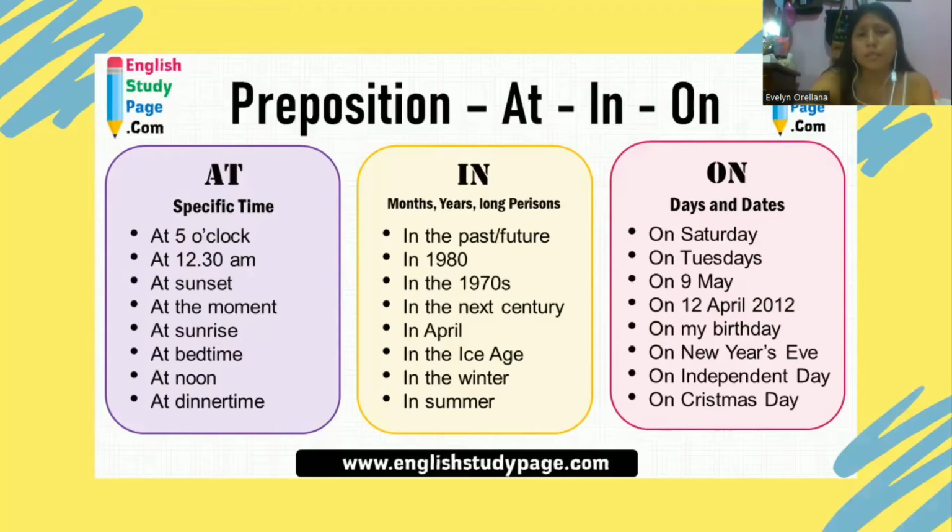Examples: in the past, in the future, in 1980, in the 1970s, in the next century, in April, in the ice age, in summer, in the winter. And on for days and dates: on Saturday, on Tuesdays, on 9 May, on 12 April 2012, on my birthday, on New Year's Eve, on Independence Day, on Christmas Day.